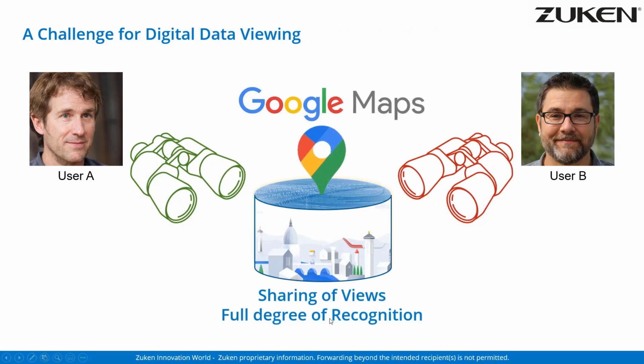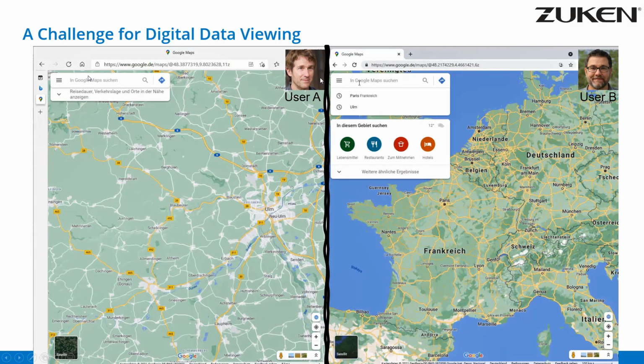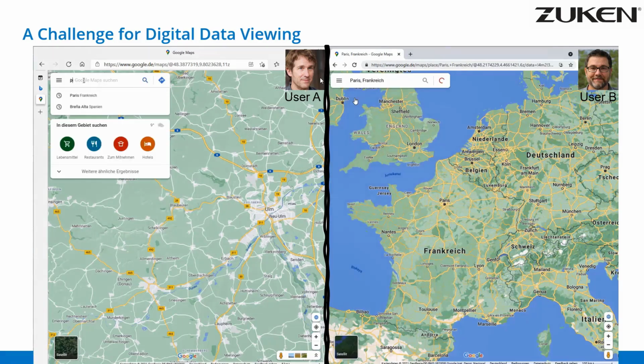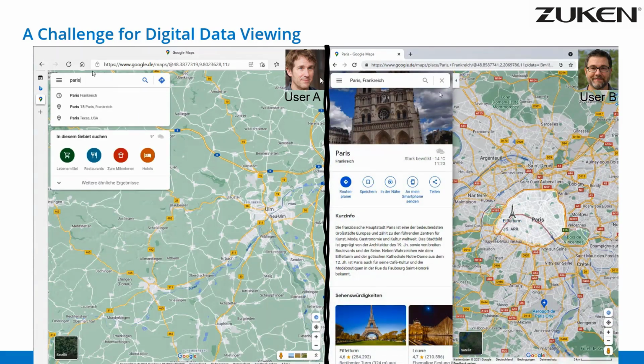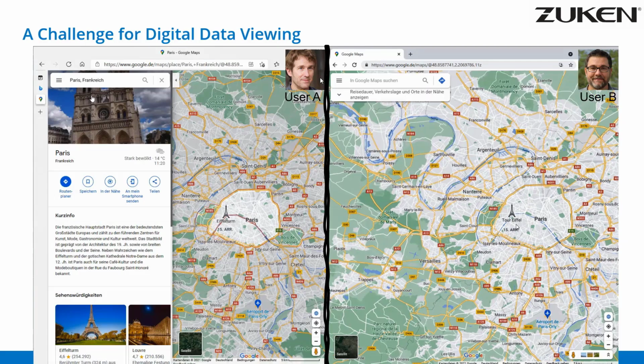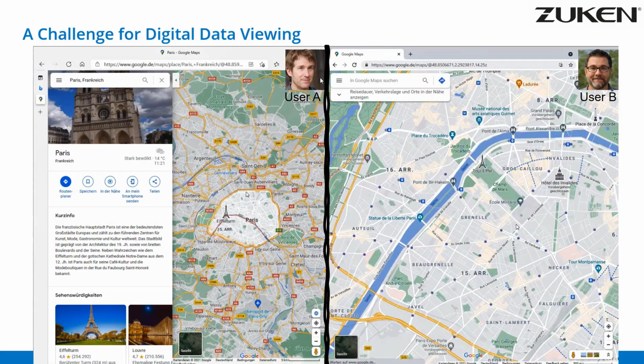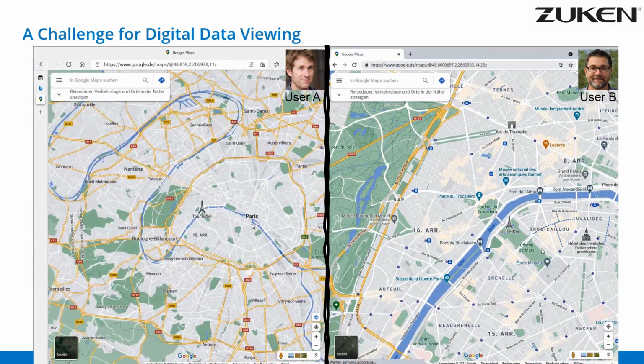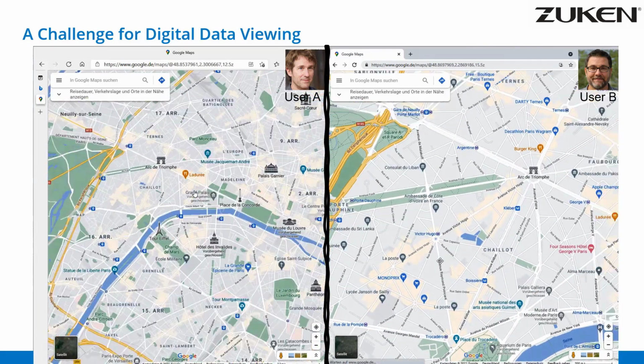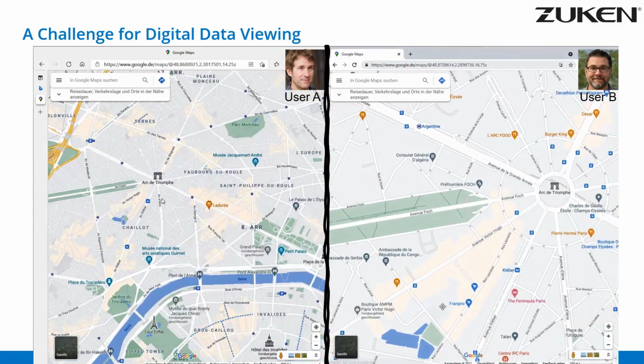Being now in the digital world, in the Google Maps world, it's a little bit more challenging because they have different viewpoints, and I want to explain this here with a small simulation. So I have two users, both users look at Paris, both users use Google Maps, and they're both searching here for a location, the Arc de Triomphe, for example.